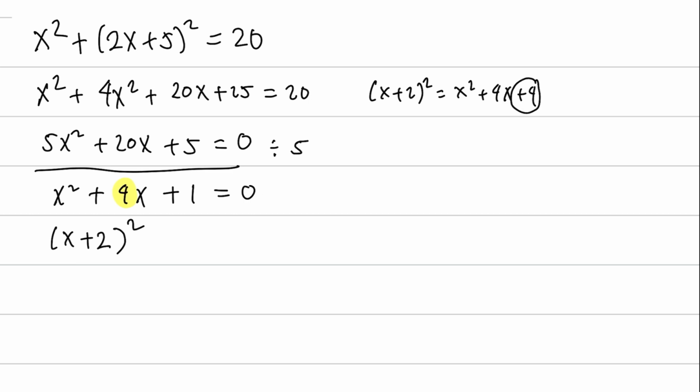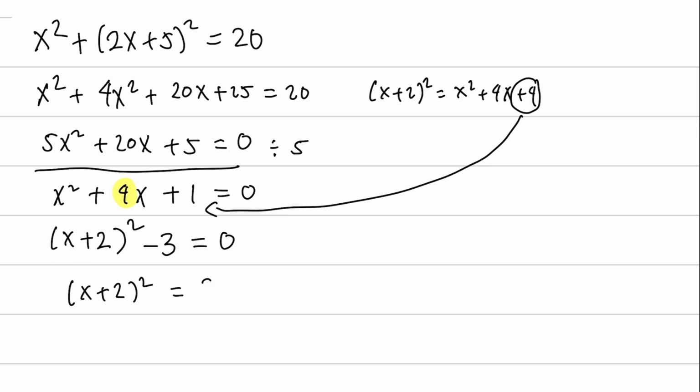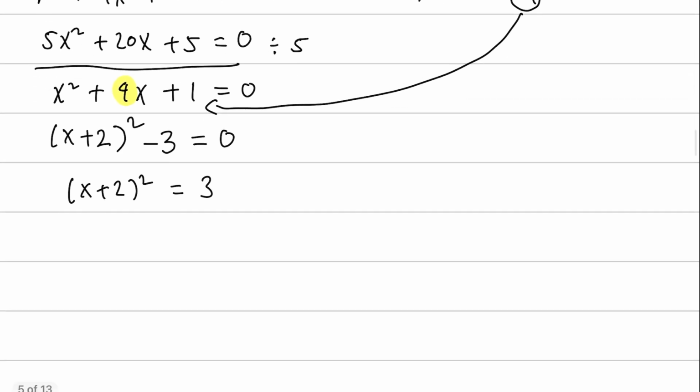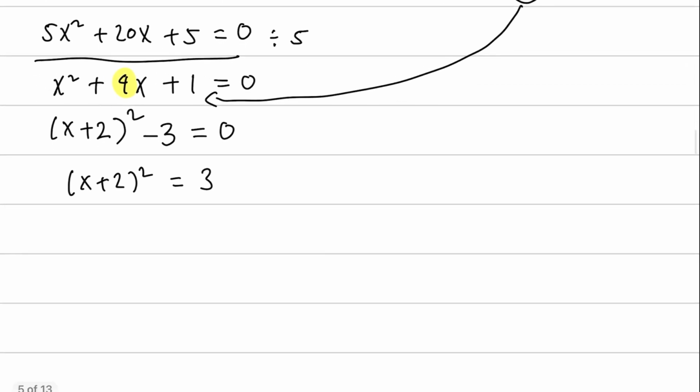We have an extra 4, but we have only 1 here. So from 4 to 1, we have to subtract 3, equals 0. So we have (x plus 2) squared equals 3. From here, we just take the square root of both sides. We get x plus 2 equals plus minus square root of 3. So our x equals -2 plus minus square root of 3.